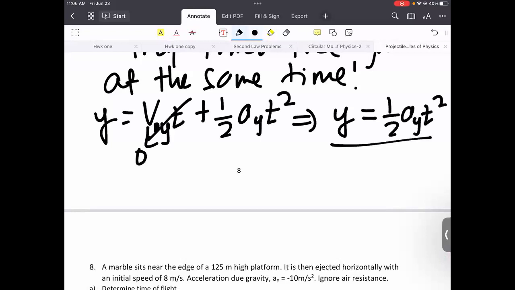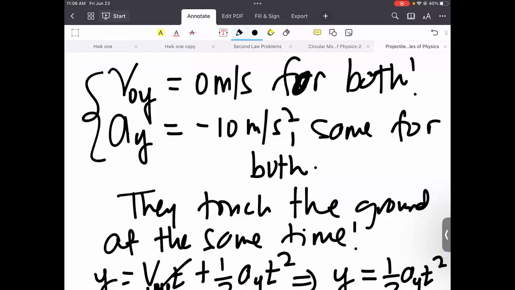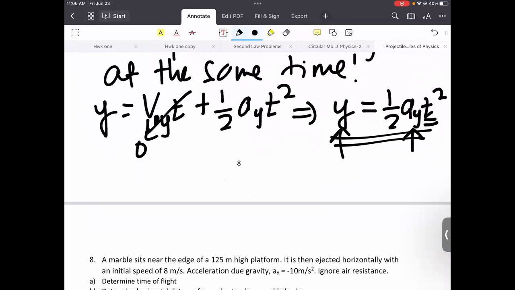We also have to remember that y is the same for both, because you drop them from the same height. The acceleration is the same, and therefore they'll have the same time.